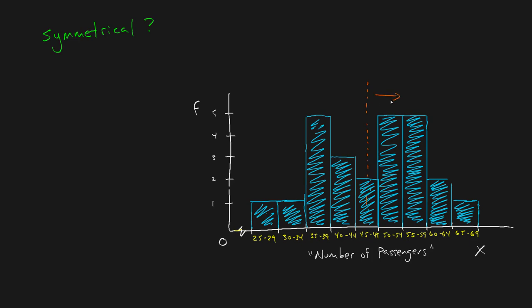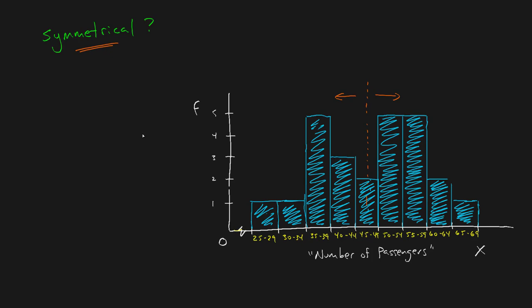And you can see it's not exactly the same to either side. However, when we're collecting data in the real world, we're never going to find a perfectly symmetrical distribution, or it's certainly not going to happen very much if it happens at all.